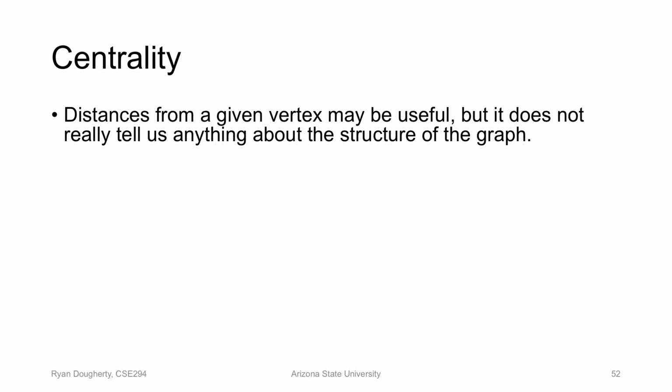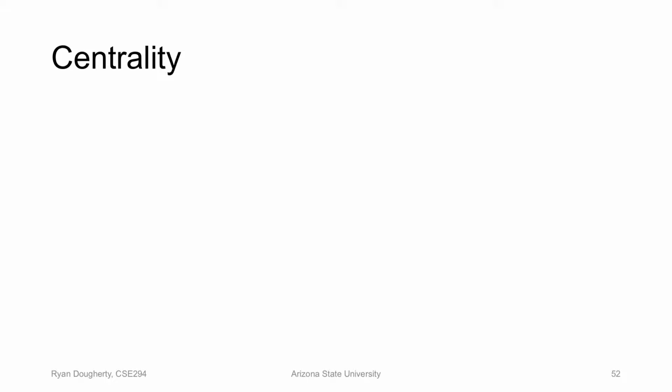The example with how many neighbors a vertex has is called degree centrality. The closest vertex to all of the other vertices, in some sense, is called closeness centrality. And the one which is the bridge between these sets of vertices is called betweenness centrality. And we're going to go over the last two.